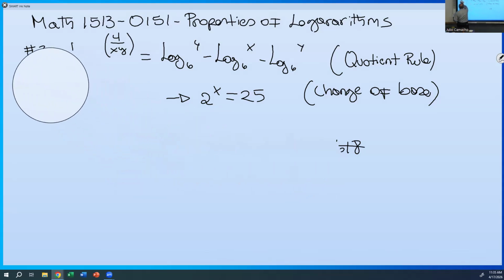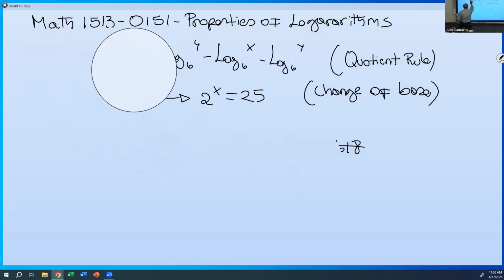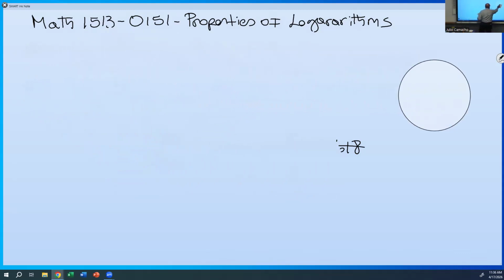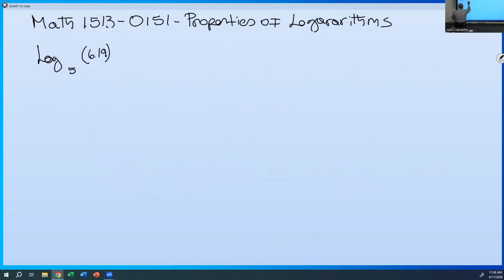Let's go to example 22 of properties of logs, because in example 22 you also have another change of base. It's log base 5 of 6.19, and you have your equal.